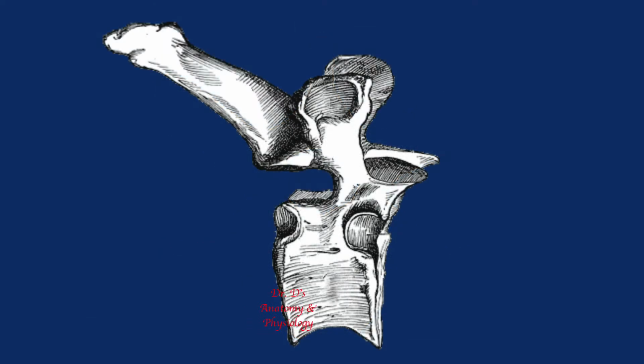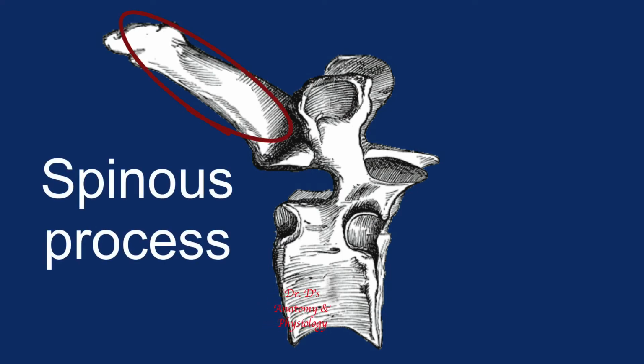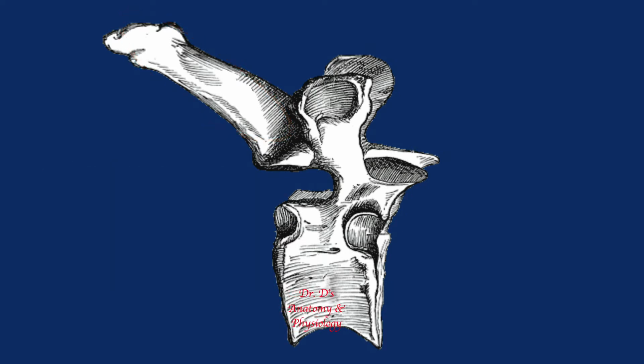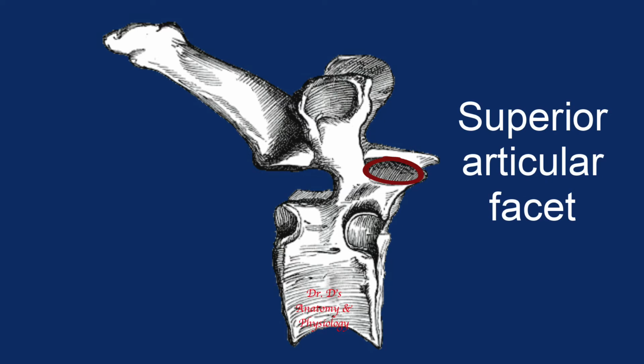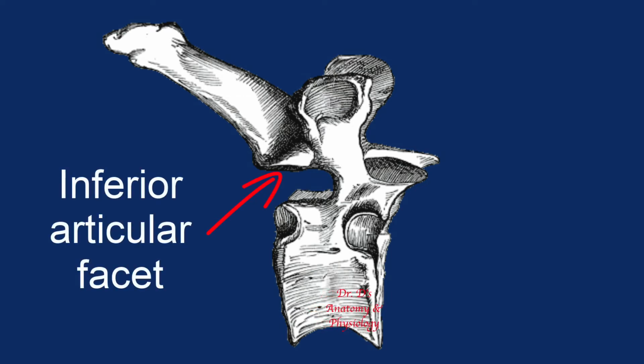We can get a better appreciation of all these facets if we look at a lateral view of our typical thoracic vertebra. Notice how the spinous process is fairly long and is pointing somewhat inferiorly. And here again we have our superior articular facets, and you can't see them very well from this perspective, but here would be the location of the inferior articular facets.